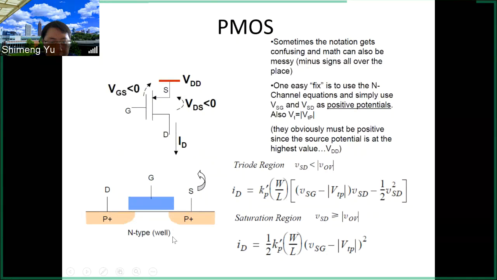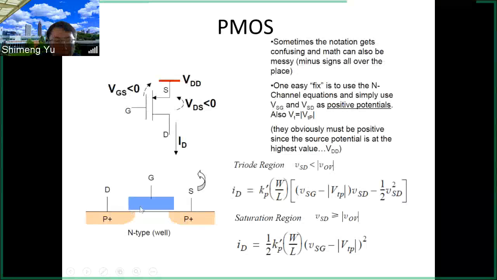The only difference is that the substrate now will become N-type. So for the PMOS, the substrate is N-type, and then source and drain will be P+ doping. P+ means heavily doped P-type. For the rest, you have the same structure.